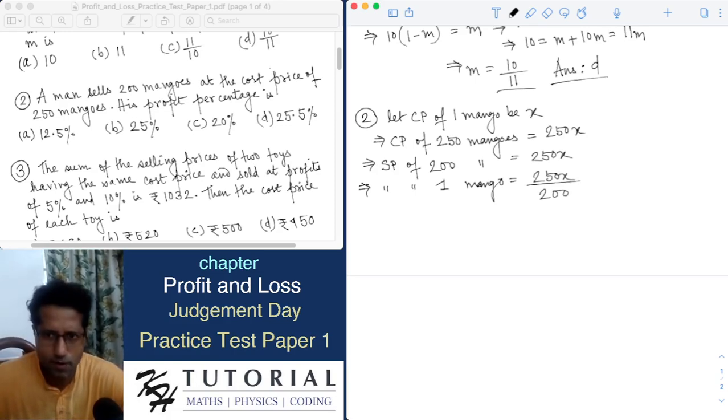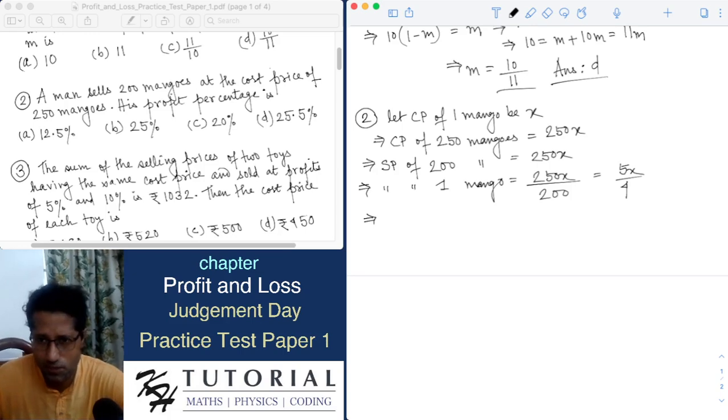Selling price of 200 mangoes we found to be 250x, which is equal to the cost price of 250 mangoes. So the selling price of one mango will be 250x by 200. If we simplify further, this is 5x by 4. Okay, so we have the cost price of one mango is X and the selling price of one mango is 5x by 4.